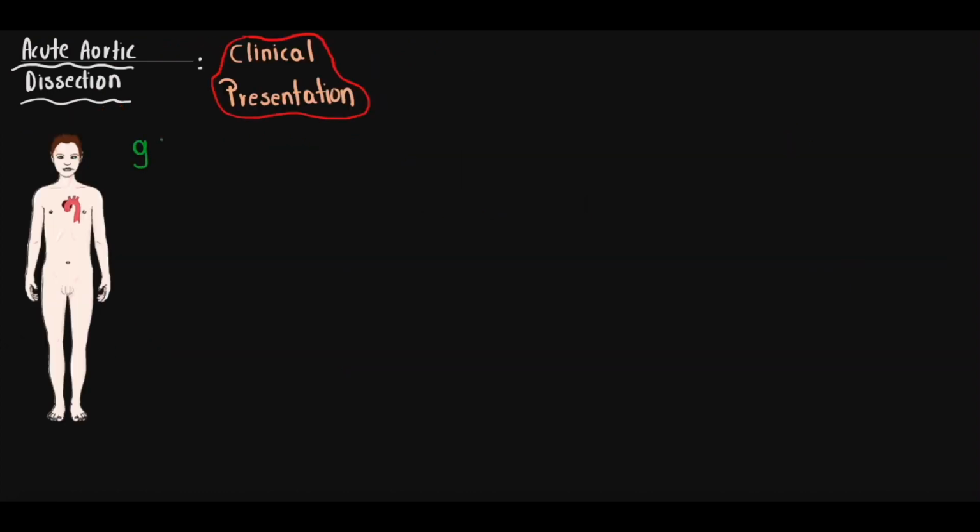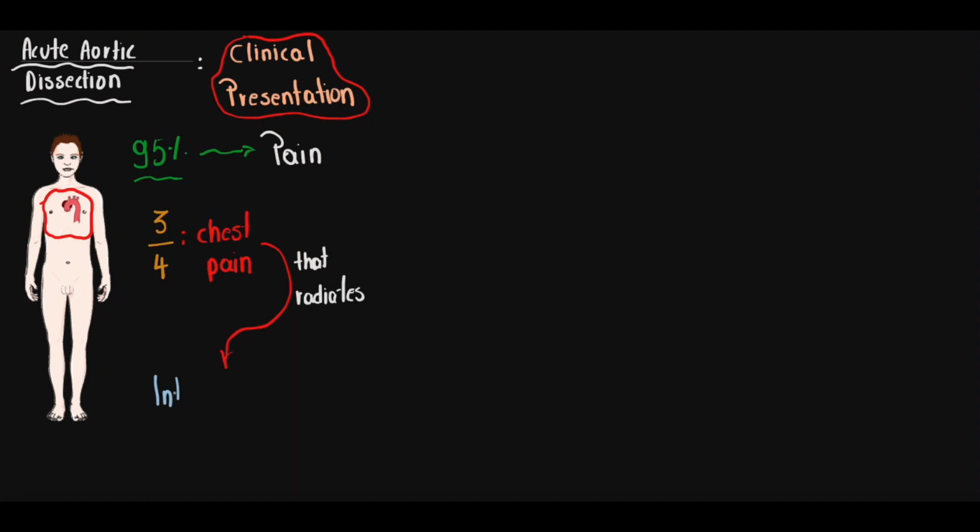Now, 95% of patients with an acute aortic injury will complain of pain. Actually, 3/4 of them will complain of chest pain, specifically chest pain that radiates to the interscapular area of the back. Depending on the location of the dissection, it may also radiate into the abdomen.